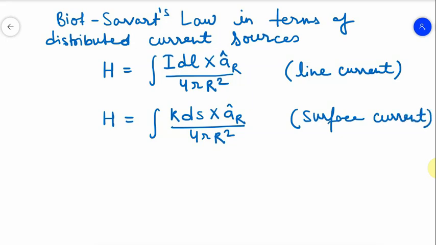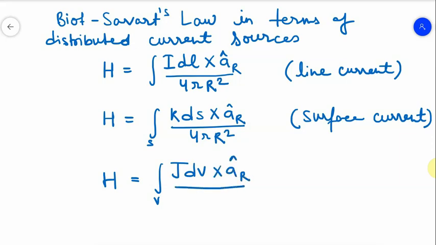And for the volume current, H equals integral of J dV cross aR upon 4 pi R square. And this is for the volume current.